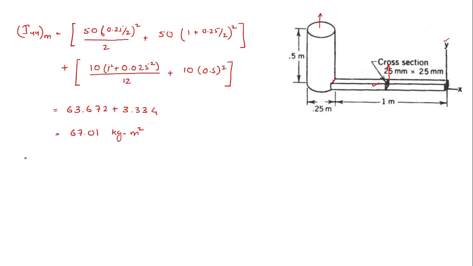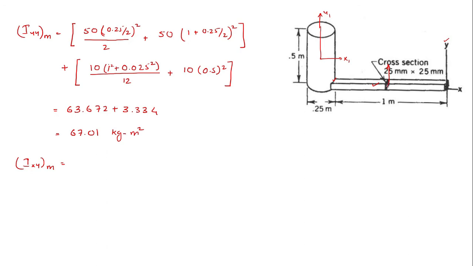Now next I have to find the value of Ixy, the product of inertia. Now for this cylinder here, principal axis, due to that symmetry, I call it x1, so this will be x1 and this will be y1. Okay, and similarly for this rod here, since there is a plane of symmetry, I can obtain the principal axis for this rod.